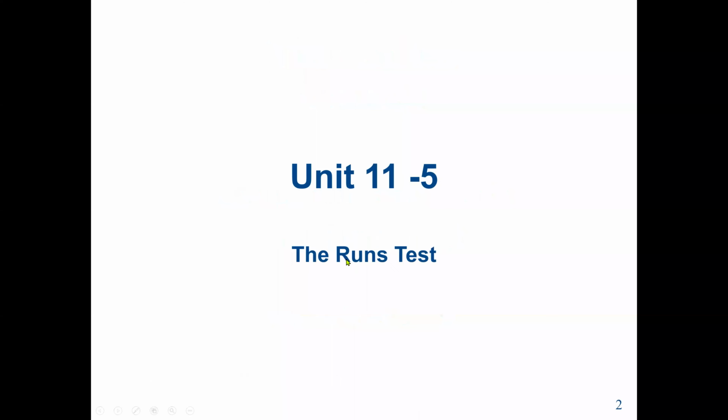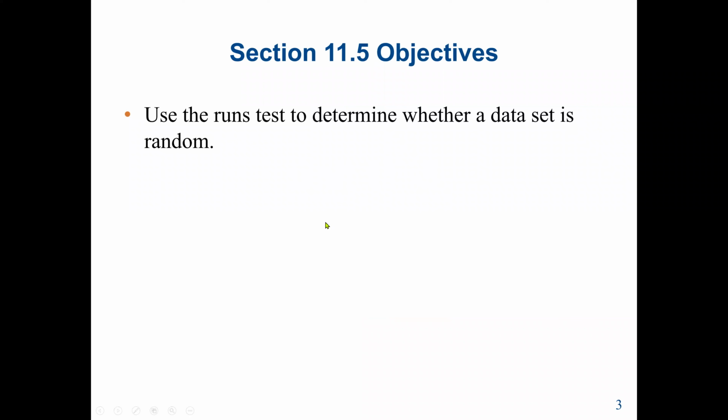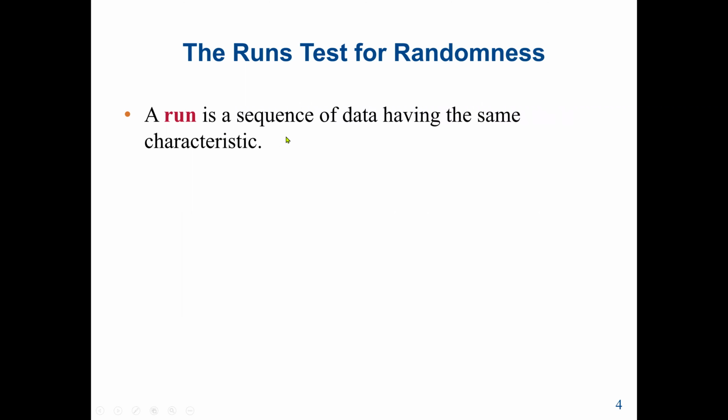So our main objective in this lecture is how to use the runs test to determine whether a data set is random. So a run is a sequence of data having the same characteristics.